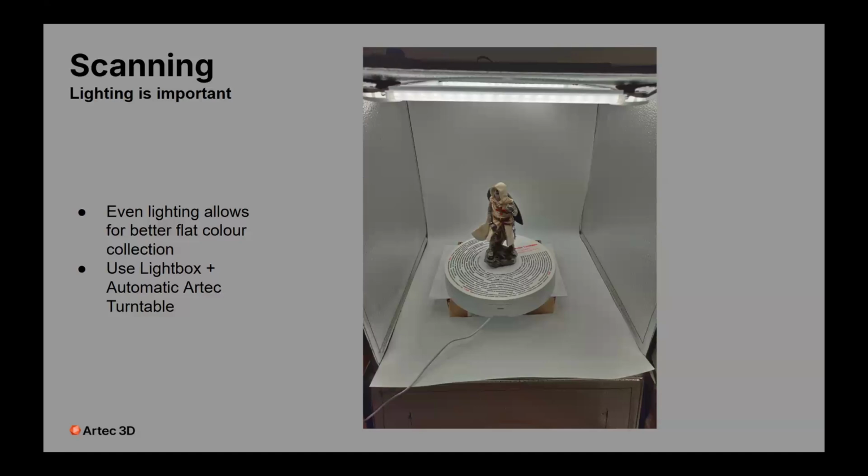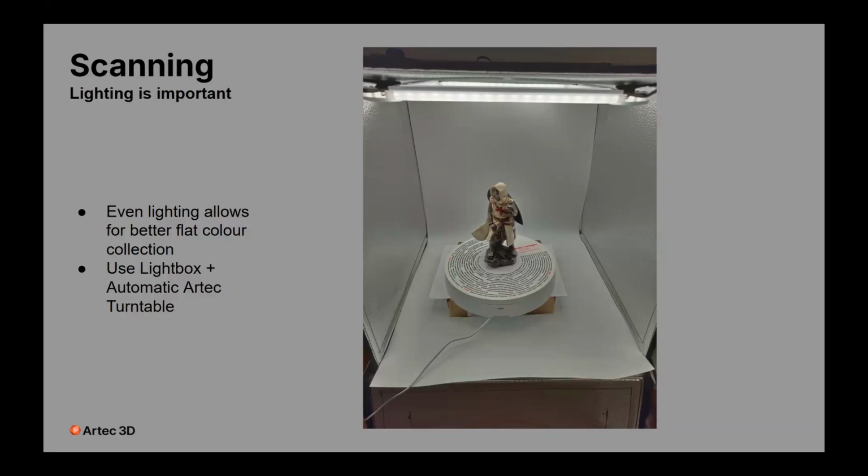Okay, now on to the next topic. Lighting is actually important even for scanning. Even lighting allows for better flat color collection. Here is one of the examples of the setups that you could use.